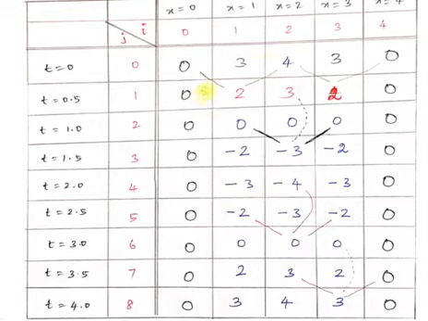The second row value is obtained by the average of the previous row values. So 0 plus 4 by 2 is 2. 3 plus 3 by 2 is 3. Here it is 4 plus 0 by 2 is 2. So we find the second row by this formula.